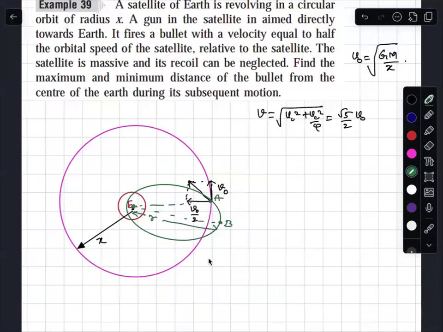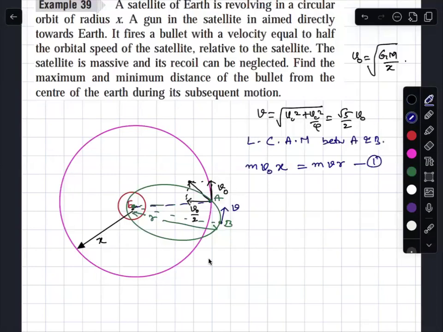Do you find any difference between this question and the previous question which I have done? No. Now then what is my step going to be? Apply the law of conservation of angular momentum between A and B. Fortunately, since this passes through the origin, m v naught x is the angular momentum at A. Whereas at B, I have no idea, let the velocity be v and let the distance be r. m v r, equation 1.